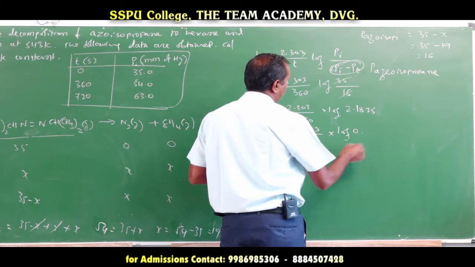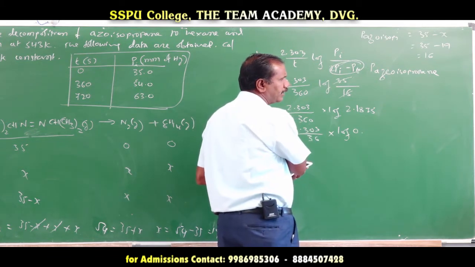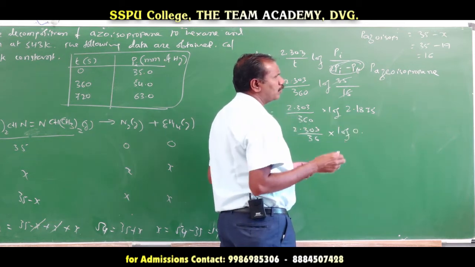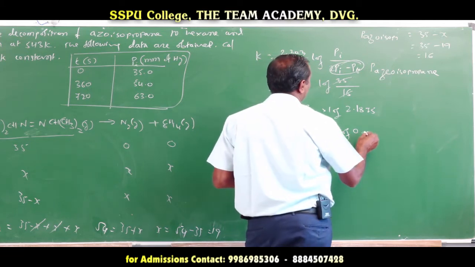Characteristic value is 0. Log 2.1875 is nearly 0.3300.